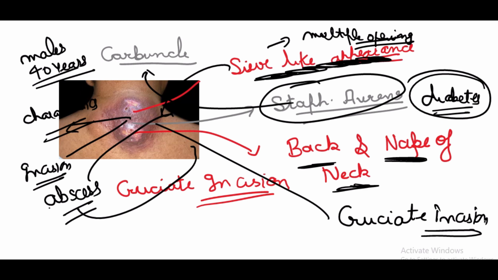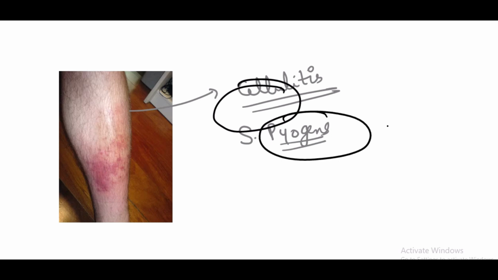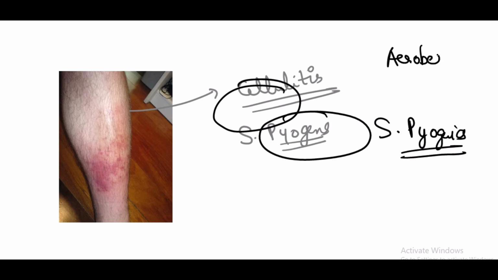So remember what distinguishes a carbuncle from other types of abscess. Remember that a carbuncle is characterized by multiple communicating abscesses with sieve-like openings. Next is cellulitis. Remember, cellulitis is a non-suppurative inflammation that spreads along the subcutaneous tissue. The most commonly associated organism is S. pyogenes. Remember that. Both aerobic and anaerobic bacteria can cause cellulitis.